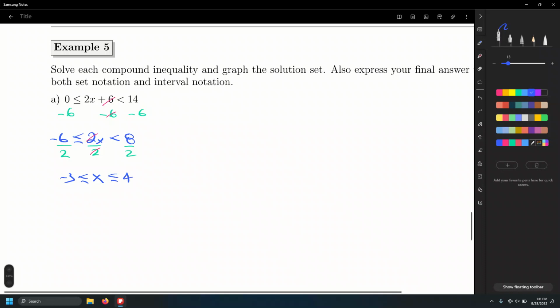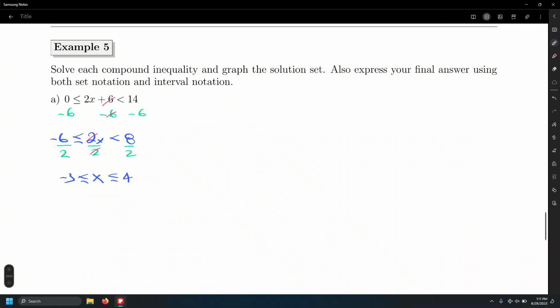And now express this using interval notation and set builder notation. This inequality we had at the very end is pretty much ready to just be copied and pasted into curly braces for the set builder notation.